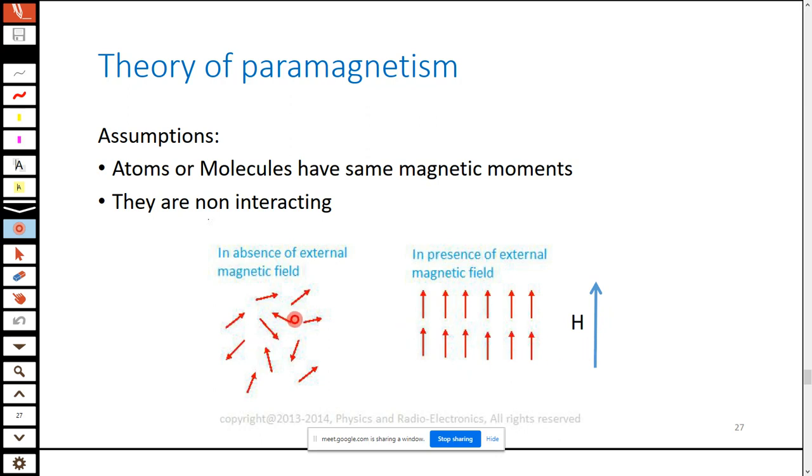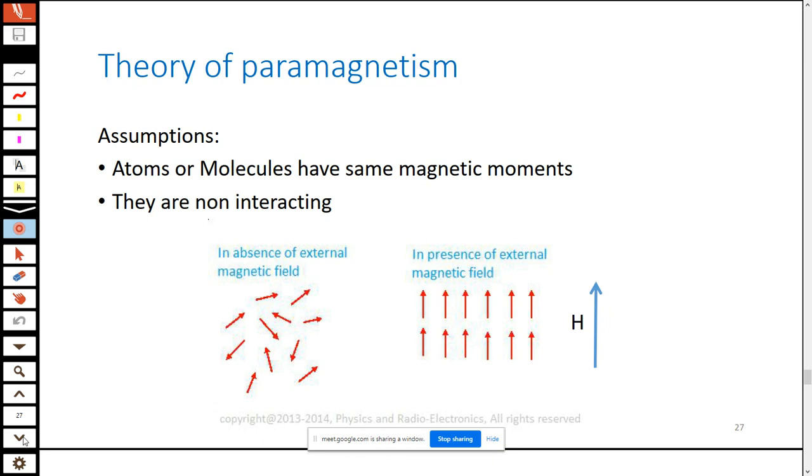All of them will try to align along the magnetic field. That means all will be pointing along the field direction. So in diamagnetism, it was opposite to the field, but in paramagnets, it is along the field lines. That is the difference. So that means it will have a very high magnetic moment.